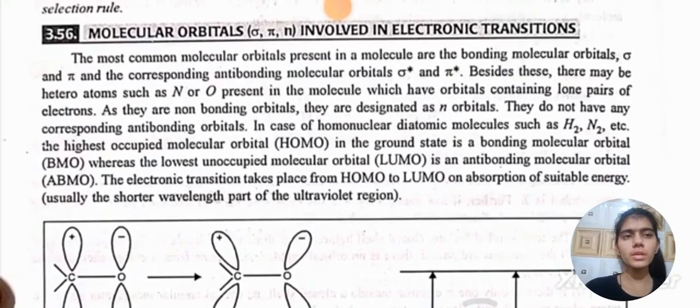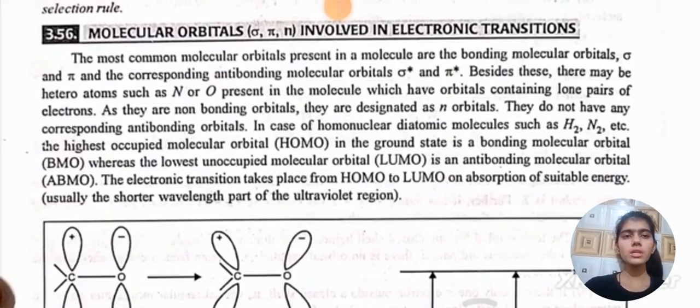In case of homonuclear diatomic molecules such as H2, N2, etc., the highest occupied molecular orbital, HOMO, in the ground state is a bonding molecular orbital, BMO, whereas the lowest unoccupied molecular orbital, LUMO, is an antibonding molecular orbital, ABMO.